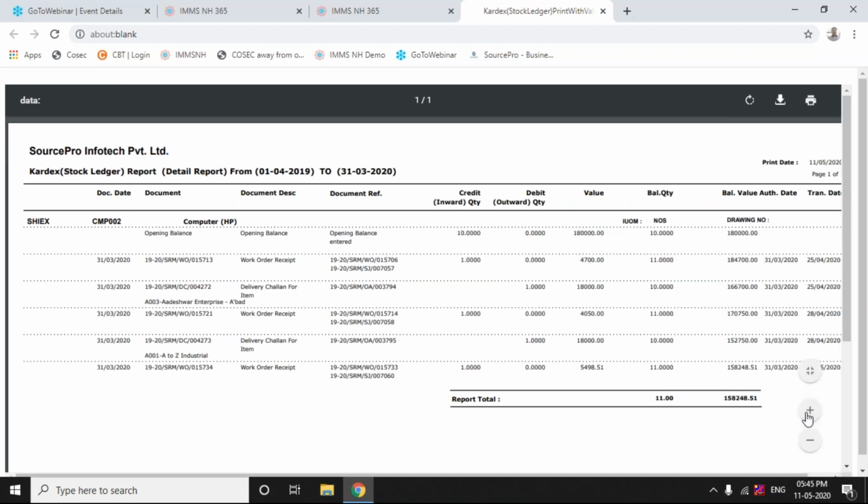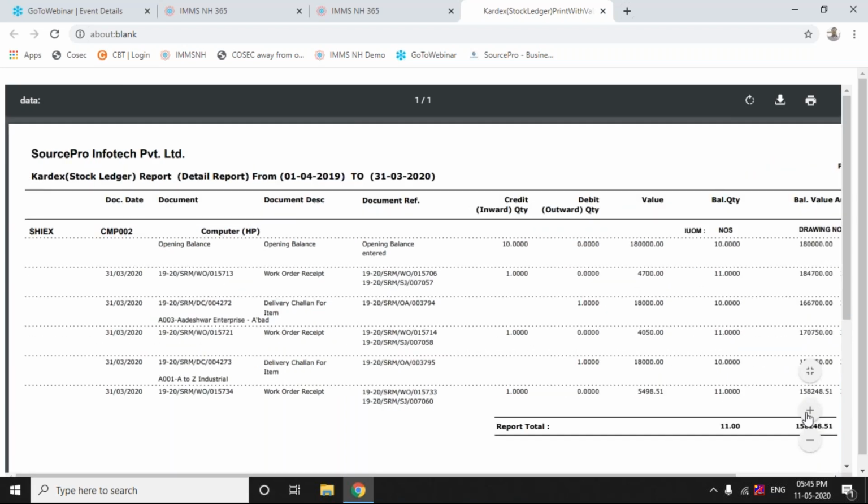So as you can see, it says that work order 15733 is completed for the SGO number 7060. One quantity is brought to this warehouse called SHIEX. Computer was the product. This was the corresponding document, that is the work order receipt number document. This number here corresponds to this type of document.